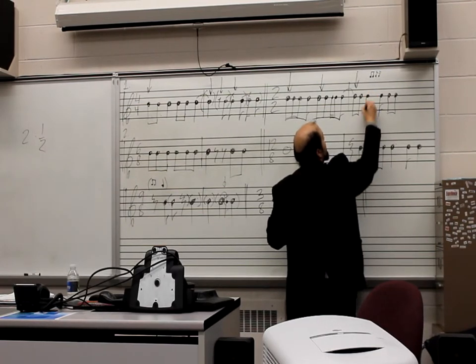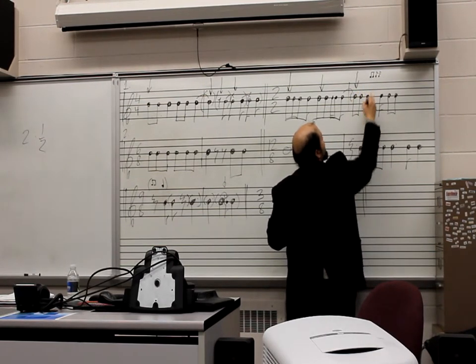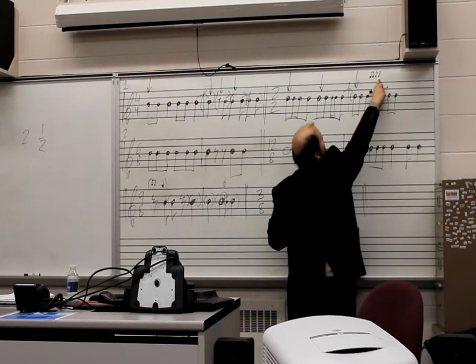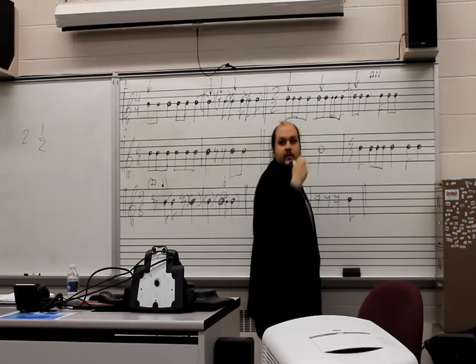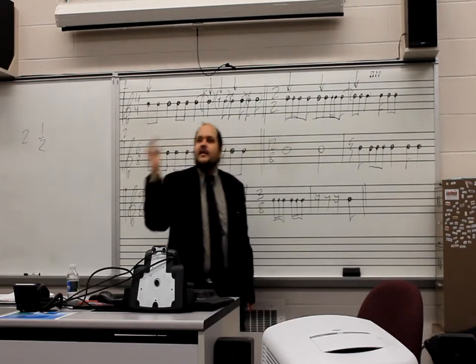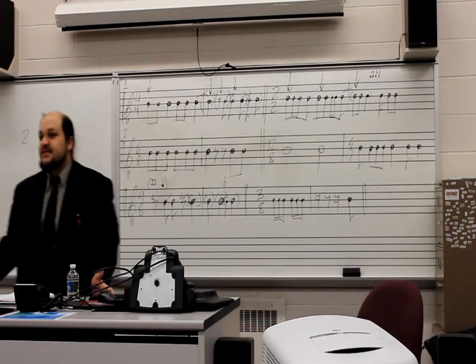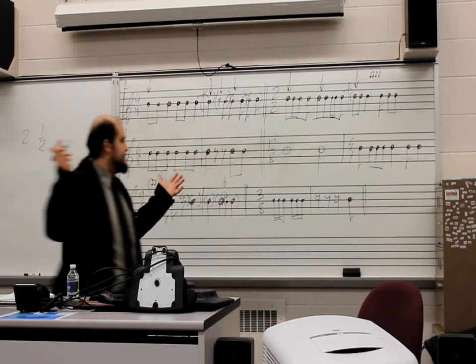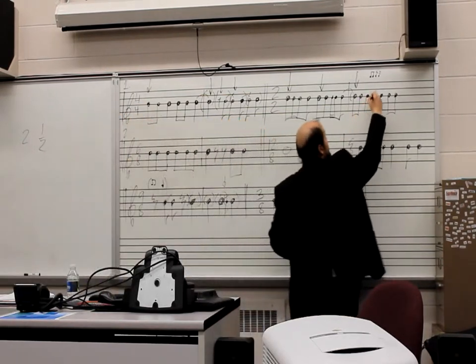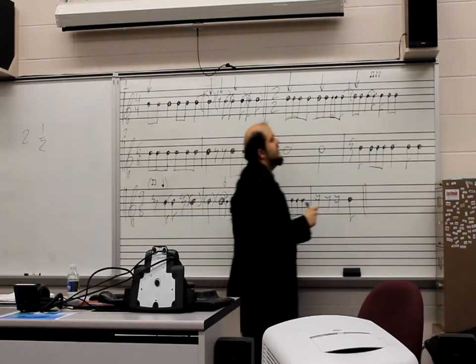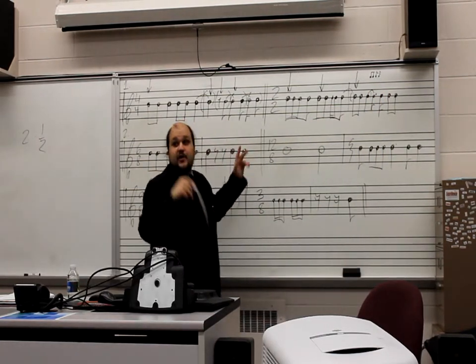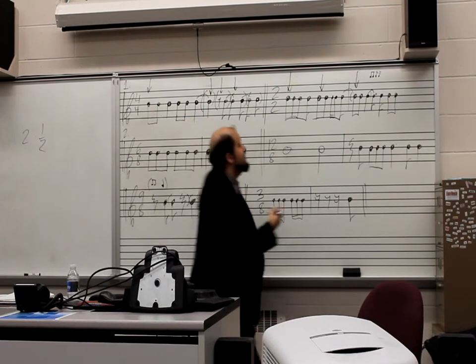So there's our first grouping. And now we need to account for the rest. So how could we write an eighth note and a 16th note in one value? A dotted eighth note tied together there. And we have to group the last 4 together here.